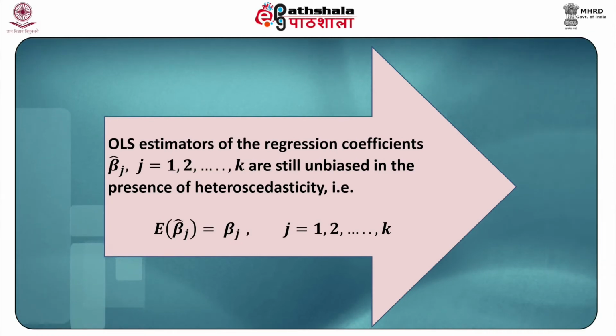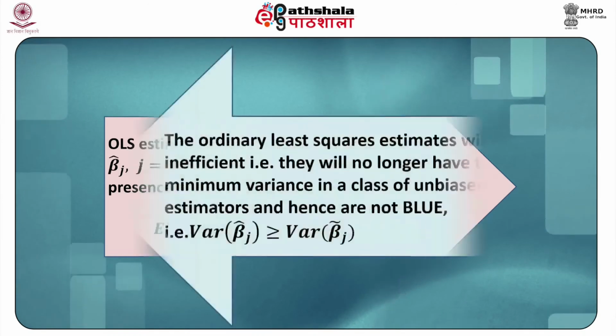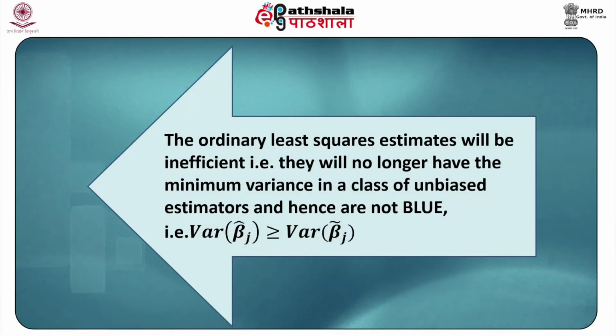That is, the expected value of beta j hat is equal to beta j, where j is equal to 1 to k. The second point we want to make is that the ordinary least squares estimates will be inefficient.